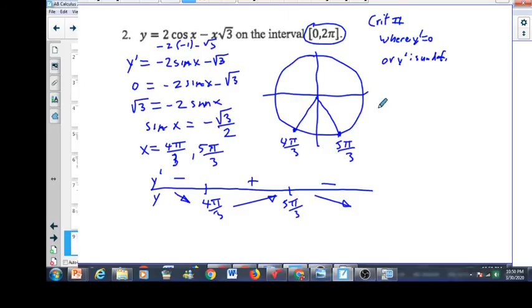So our function y is decreasing on these intervals here, 0 to 4 pi over 3, union 5 pi over 3 to 2 pi.